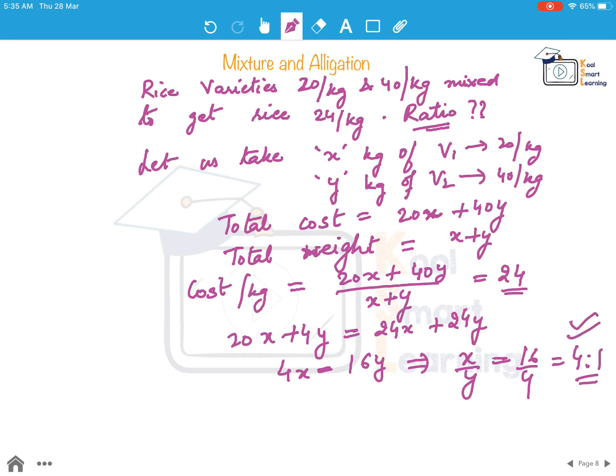So we get the same answer, and this is a standard approach of solving the mixture problem. So it is not that alligation is the only method of solving it. Alligation is just a faster approach to solving these types of questions, right? So standard approach versus alligation method to solve a given problem.